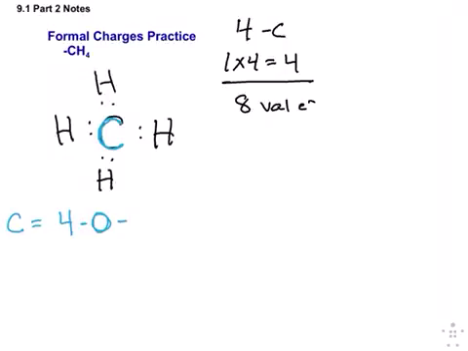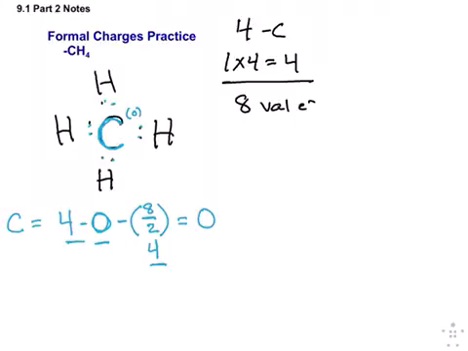Then you take the number of bonding electrons. How many electrons are involved in the bonds? 8. You divide it by 2, so this really would be 4. So 4 minus 0 minus 4 equals 0. That means the formal charge on carbon is 0, which is good. We want as many of our formal charges to be near 0, or actually 0, as we can get.